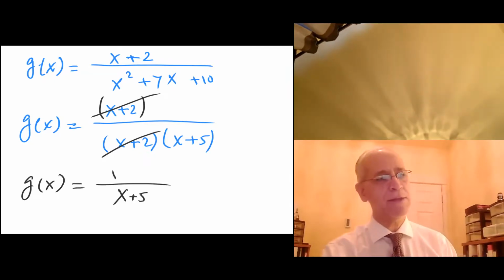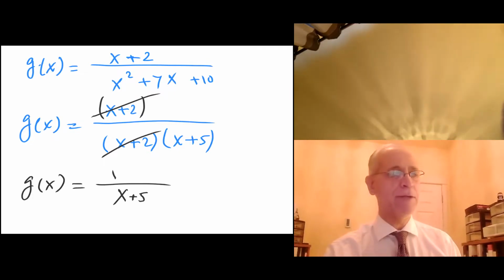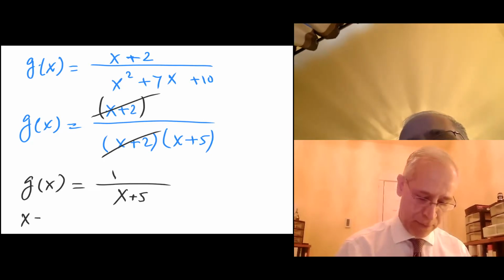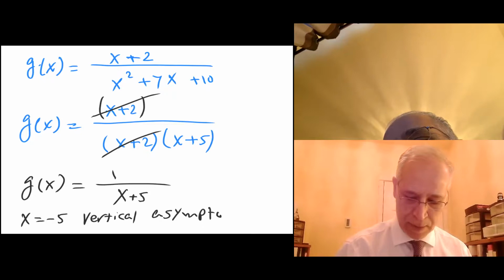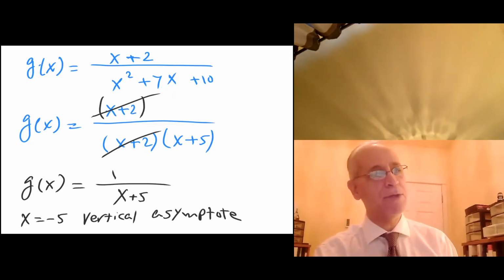So you look at this and you go, okay, I know at negative 5, I do have a vertical asymptote. So at x equals negative 5, we have a vertical asymptote. But how about x equals negative 2?